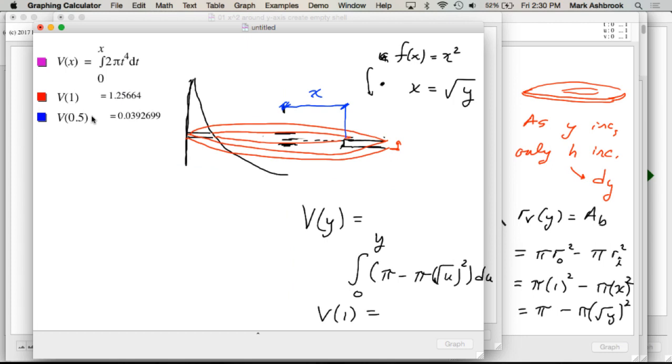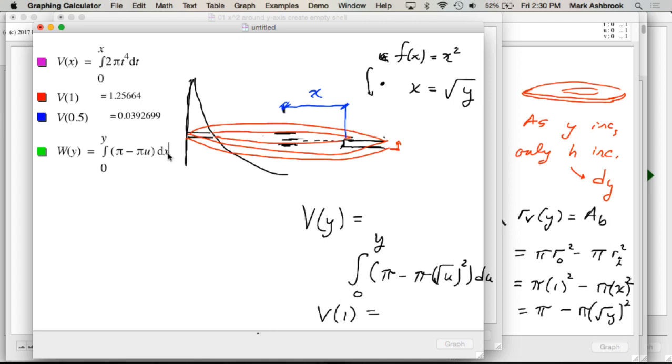So now, let's call this W. W of y equals the integral from 0 to y of pi minus, can I just say pi u, right?